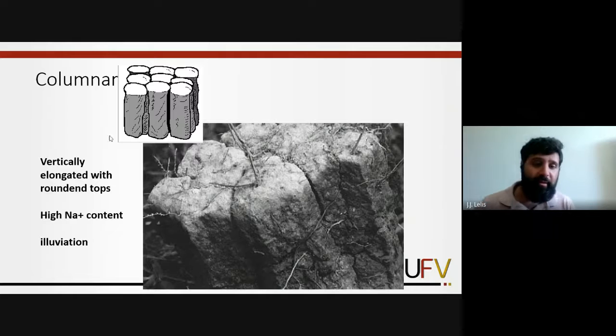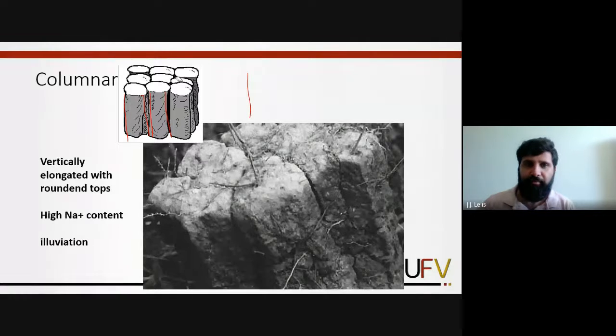We also can see this kind of structure, that's columnar structure, and the columnar are also vertically elongated bodies, like here, but you see a rounded top. So the top is not flat like in prismatic.